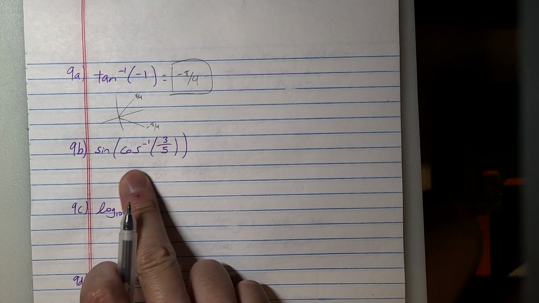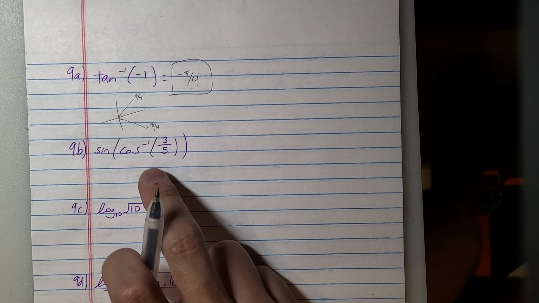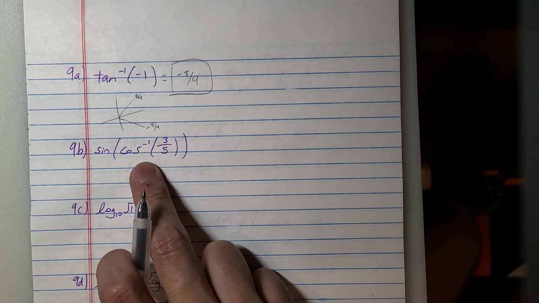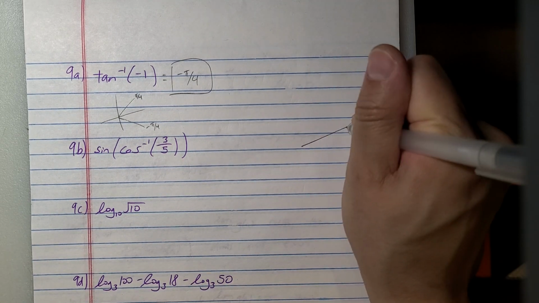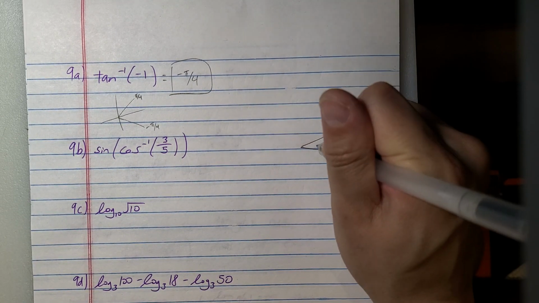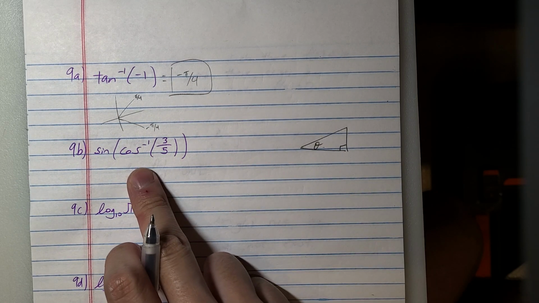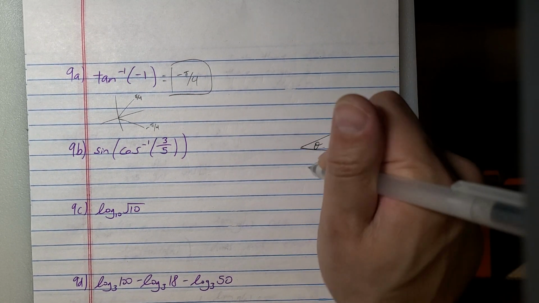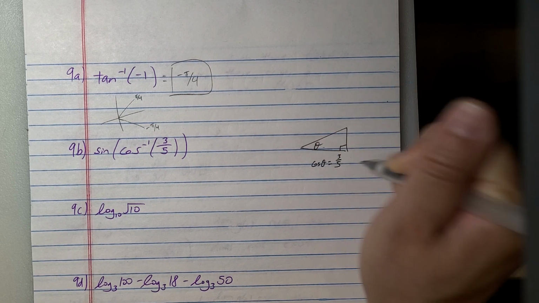Next, sine of arccosine 3/5. Remember, arccosine or arc whatever is an angle that we're finding. So we can draw a right triangle. We have some angle theta that we're trying to find, whose cosine is 3/5. We can rewrite it as cosine of theta is 3/5.